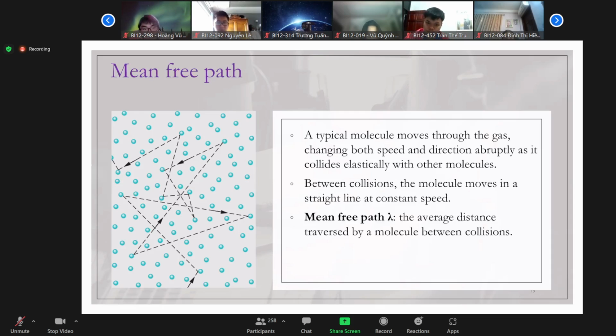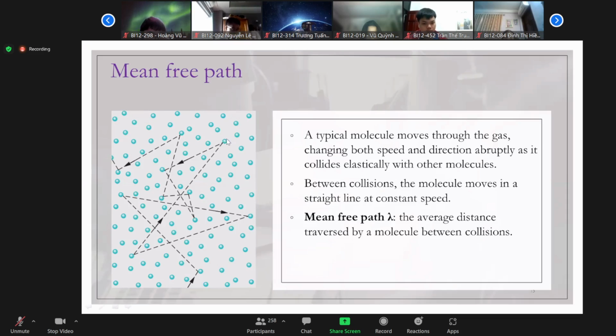What we want to study is called the mean free path. This is defined as the average distance traversed by a molecule between the collisions.